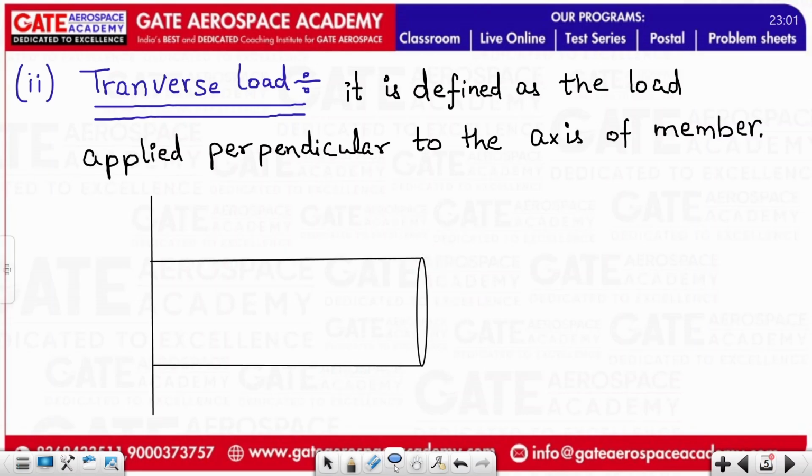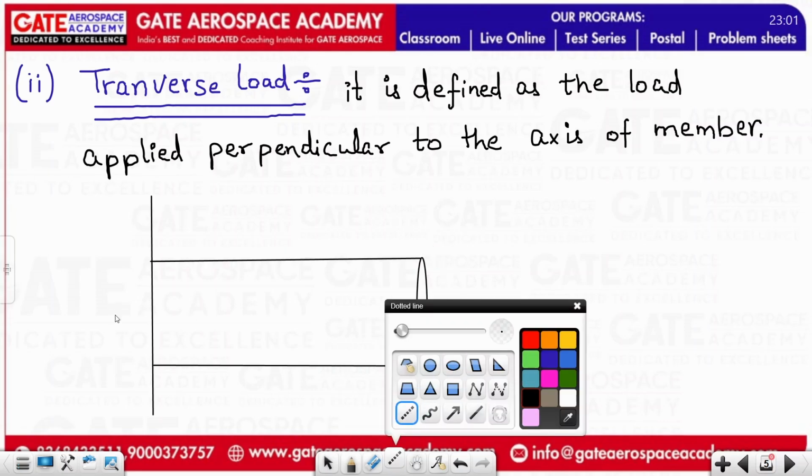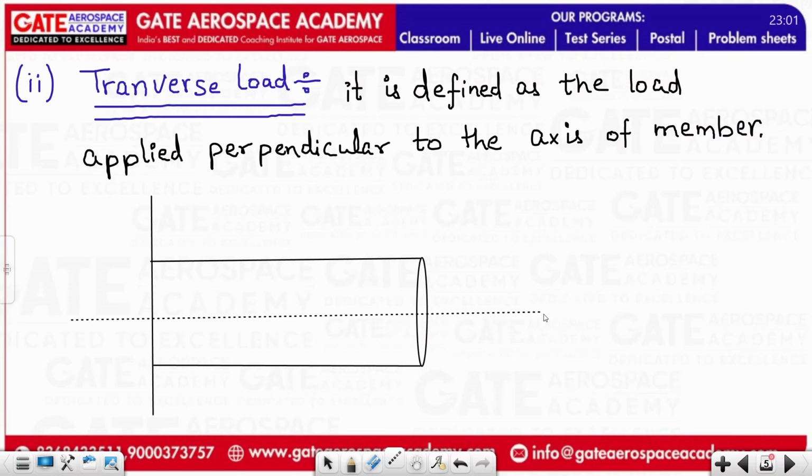Okay, this is the center, and at the exact mid you will have the axis.